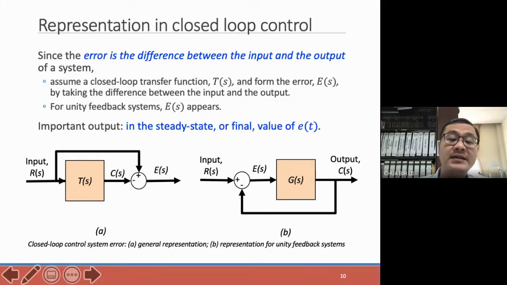Then there is another type, the feedback type, the typical one that we may use all the time, where from the output we compare it with the input. This one has the input directly compared with the output.